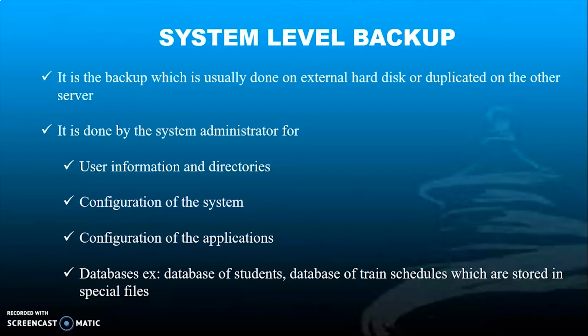He or she can copy the various information about the user, and also the configuration of the system as well as the applications and the databases, from the computer to either the hard disk, the external hard disk, or else he or she can duplicate on the server also. So this is how we back up a file or a directory.